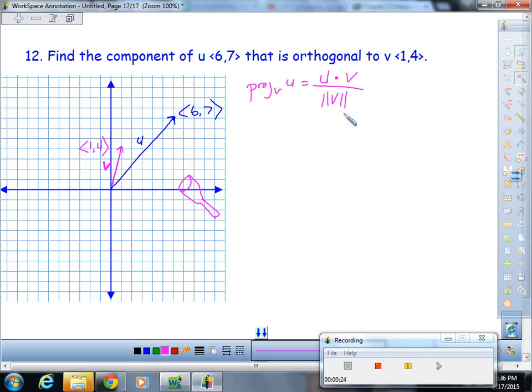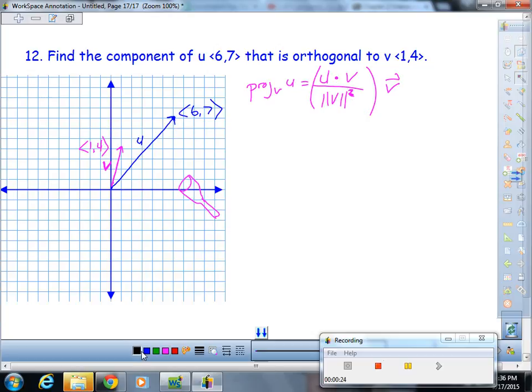Then you multiply this whole thing by vector V. Remember, what's inside this is just going to be a scalar. Again, that's why we want those on our card. I don't expect that you guys are going to memorize those.